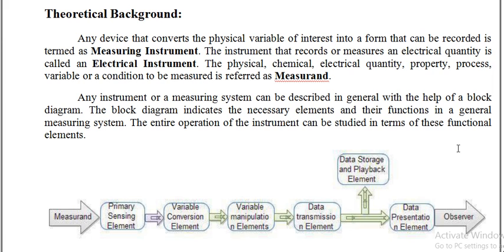So the first stage of measuring is the primary sensing element. This primary sensing element will deliver its information forward. And if the information forwarded by the primary sensing element is not enough and it needs more conversion and more conditioning, to be suitable for better functioning in the instrument, it will be converted into another form, and that stage is known as the variable conversion element.